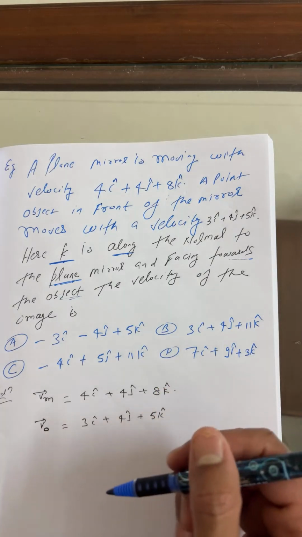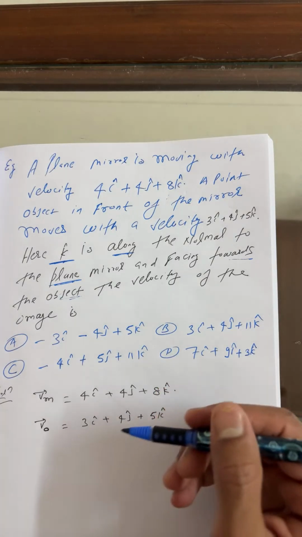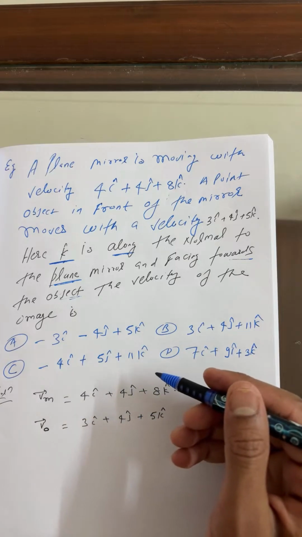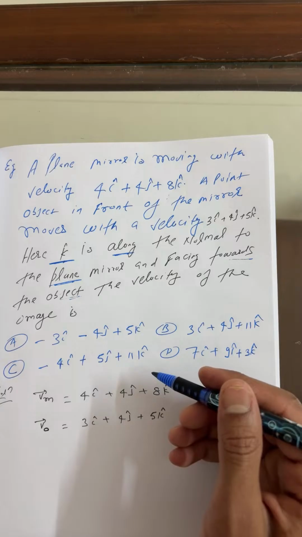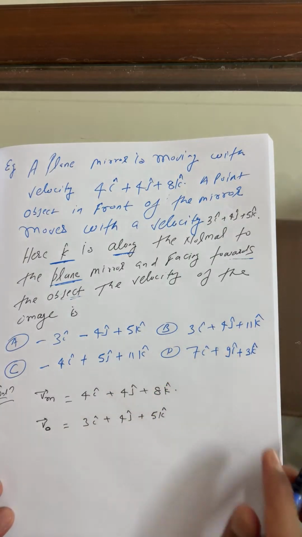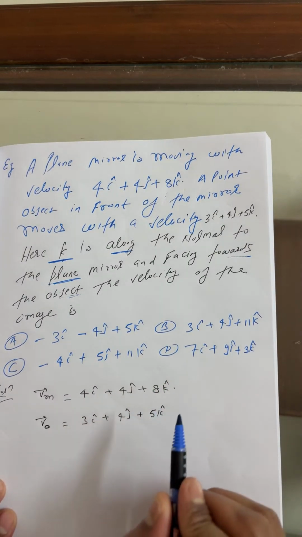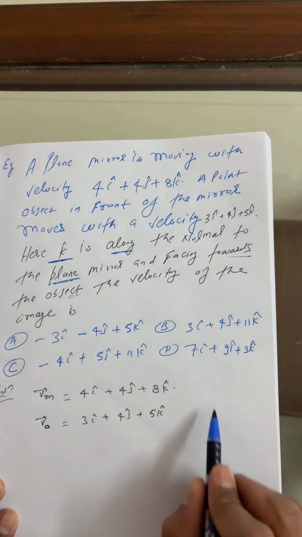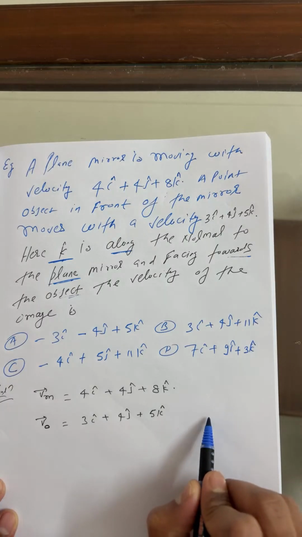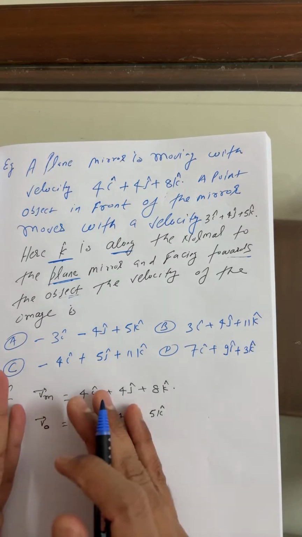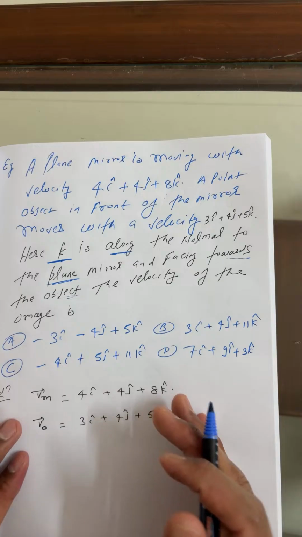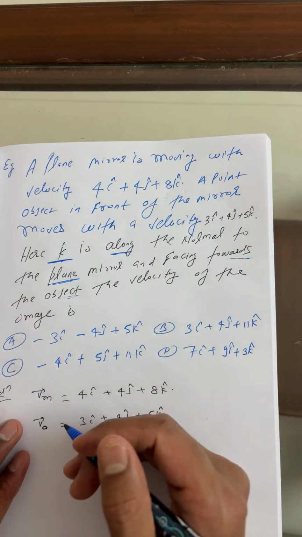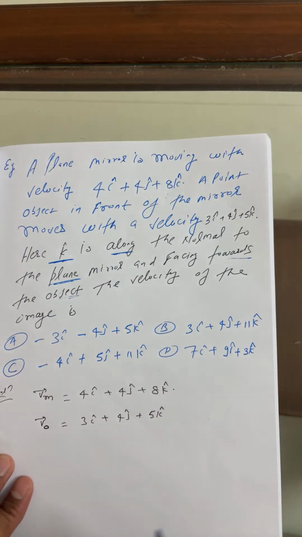As we know, along the normal, the velocity of image is double the velocity of mirror, and opposite to the velocity of the image.